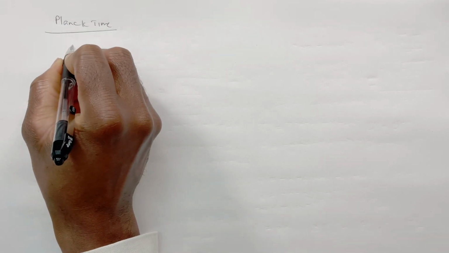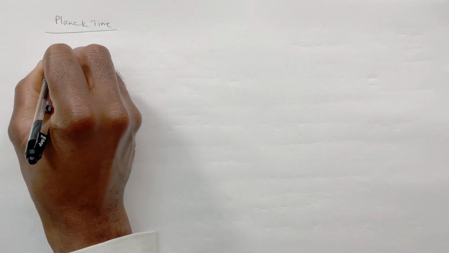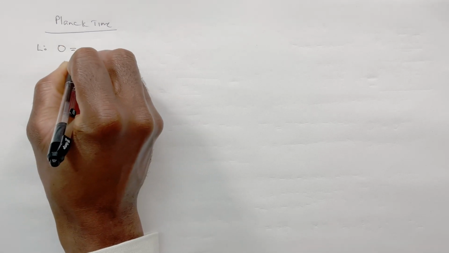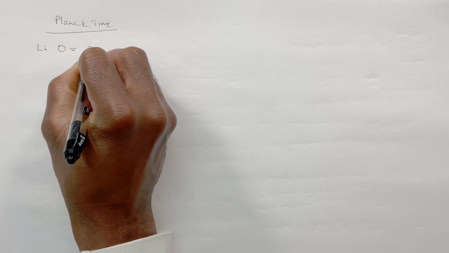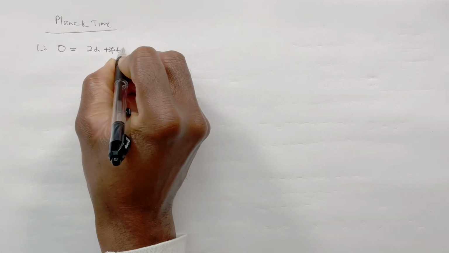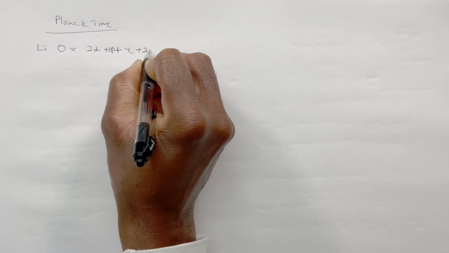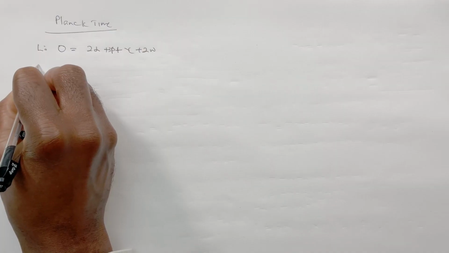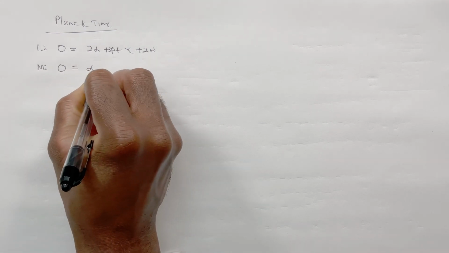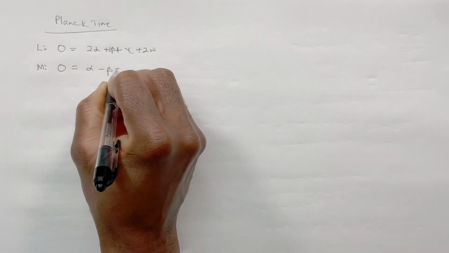So for Planck time, for length, that will be 0. That's the length. That'll be 0 and equal to 2 alpha plus 3 beta plus gamma plus 2 omega. For the mass, that will be 0 equal to alpha minus beta plus omega.